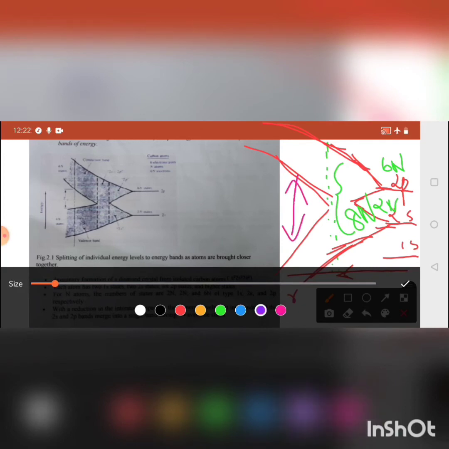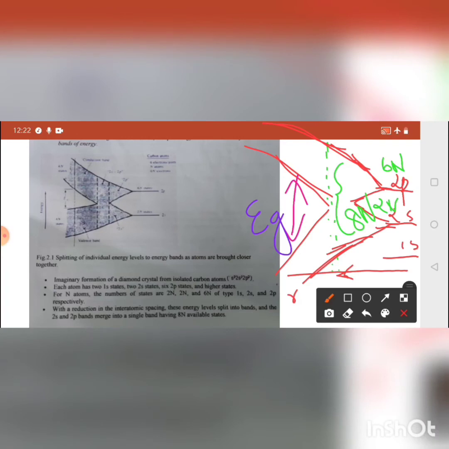That band difference is given by Eg, the forbidden energy gap. The top band is named the conduction band, and the bottom band is known as the valence band.